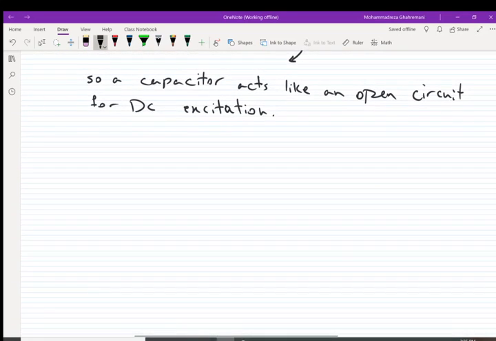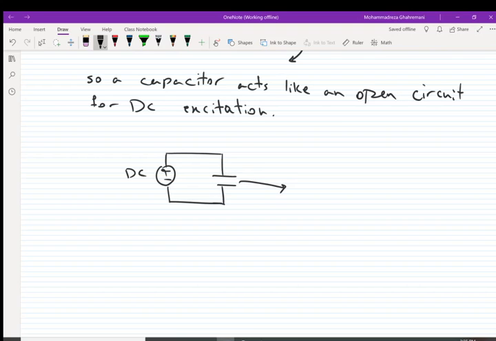It means that if we have a DC voltage source and we connect it to a capacitor, this capacitor acts like an open circuit because the frequency is 0. If this is AC, depending on the frequency, the impedance varies.